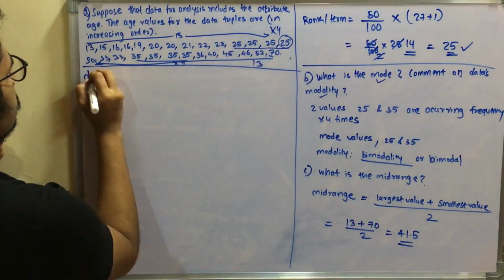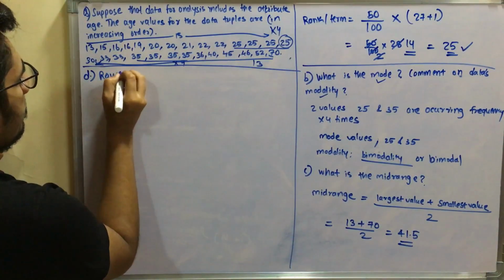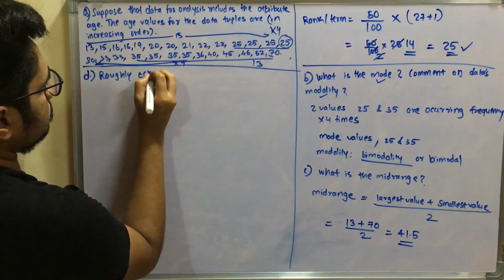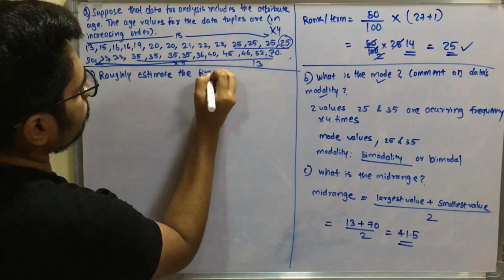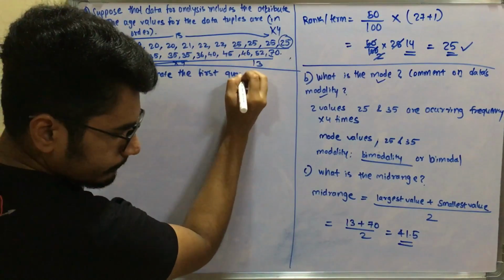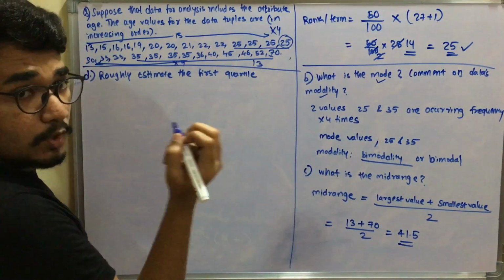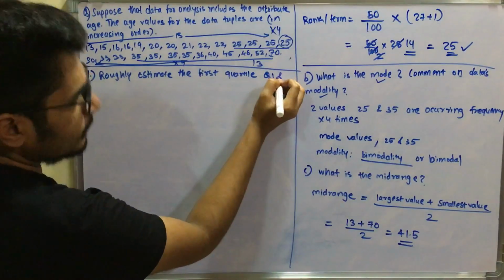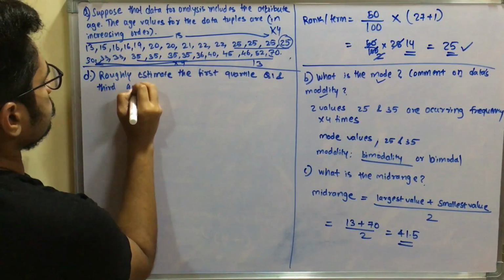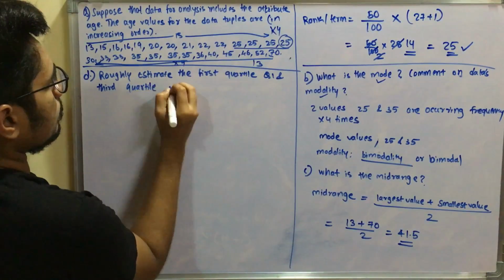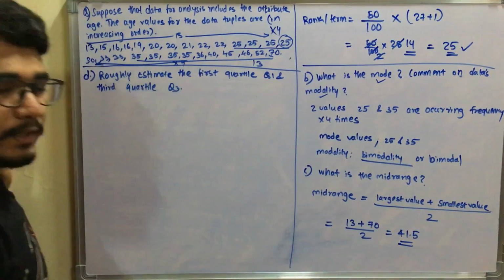Next, they are asking us to roughly estimate the first quartile. It's quartile, not quantile. The first quartile Q1, and you need the third quartile, Q3, from this data.